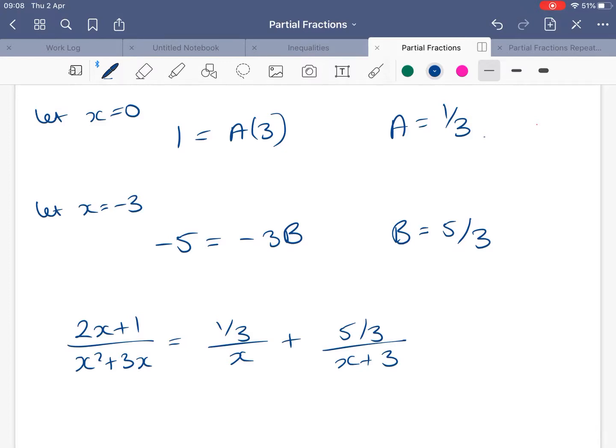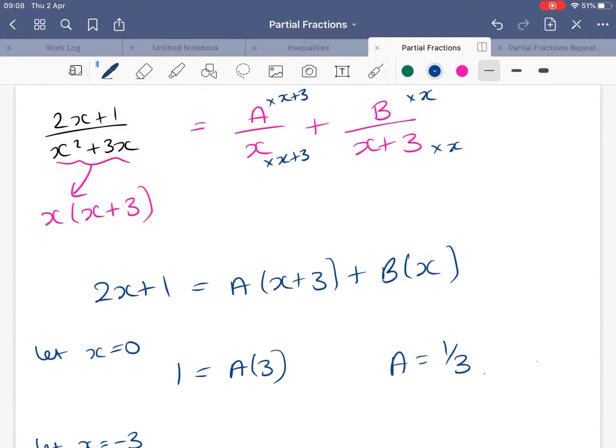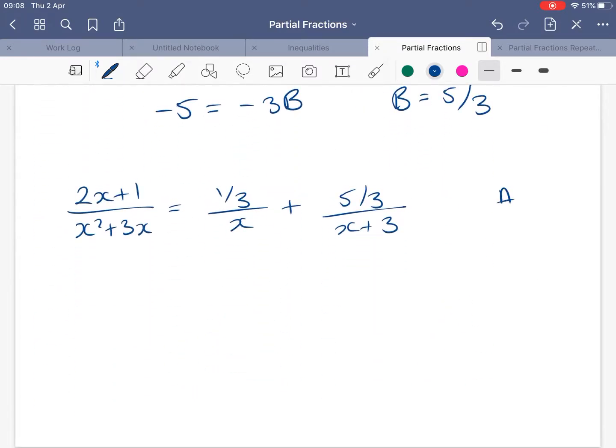So let's think about what this means. Let's think about what a over x means. Well, a over x means a times 1 over x. And we've just decided that a is 1/3. So 1/3 times 1 over x. A nicer way to write that would be to write it as 1 over 3x. Let's do the b over x plus 3.